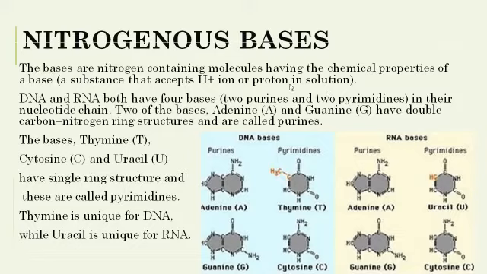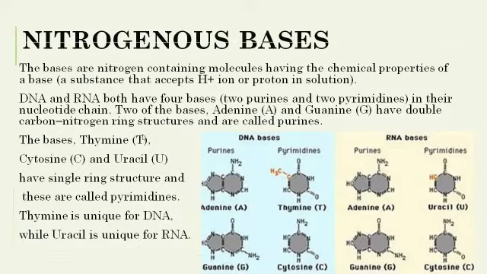What is the difference between DNA and RNA? They both have 4 bases, 2 purines and 2 pyrimidines. The 2 bases adenine and guanine have a double carbon-nitrogen ring. These two are called purines. Whereas pyrimidines have only one ring.